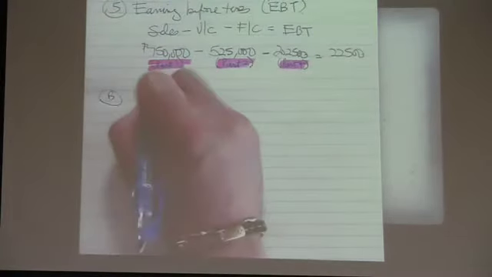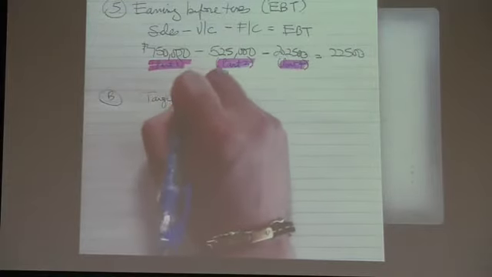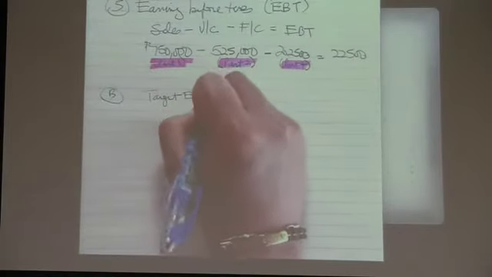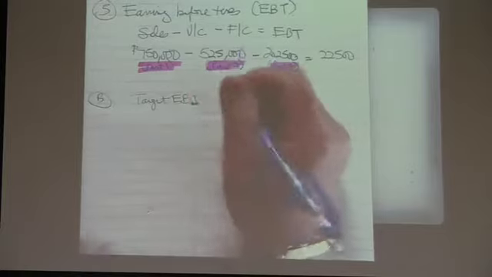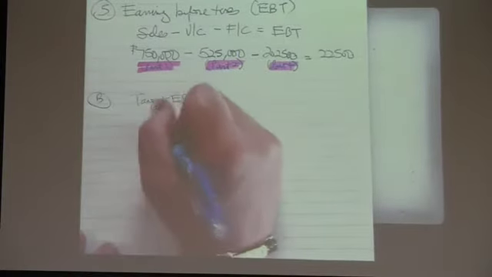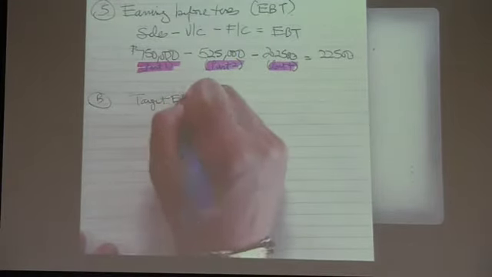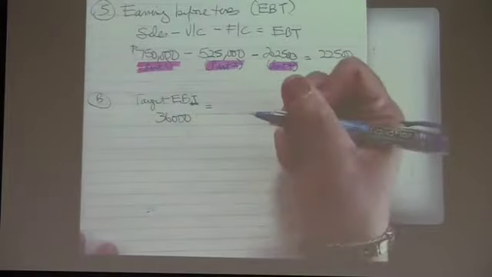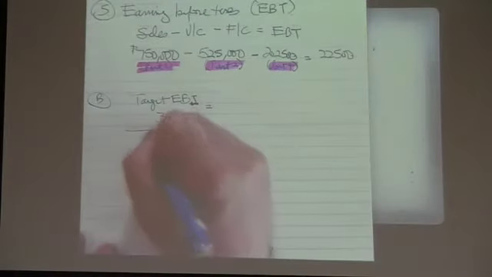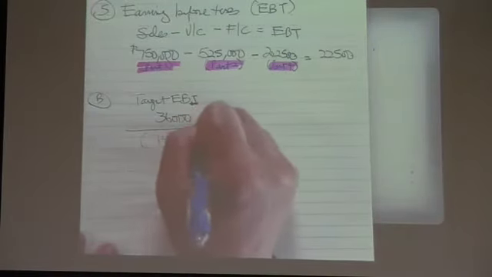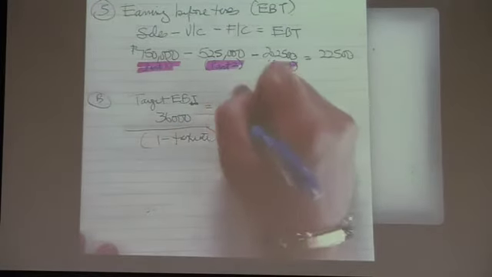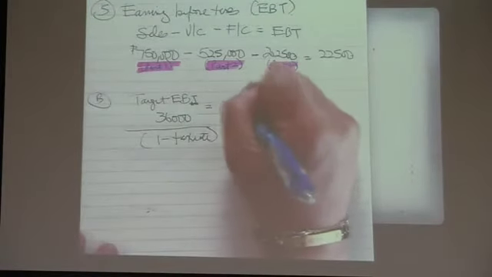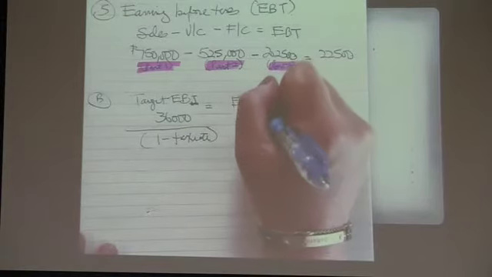So let's do that. We know that the target EBT, okay, is 36,000. And we're going to divide that by 1 minus the tax rate to give us earnings before income tax.